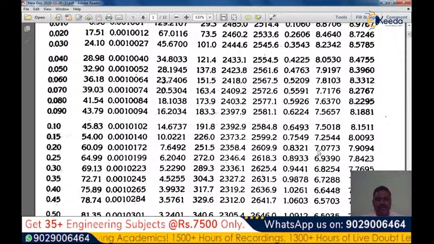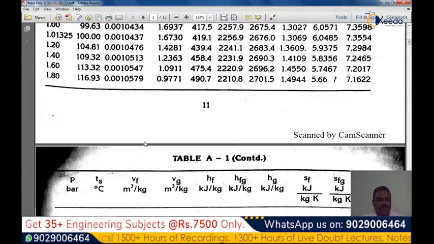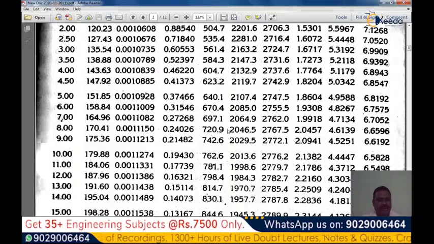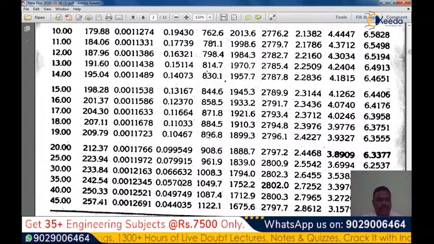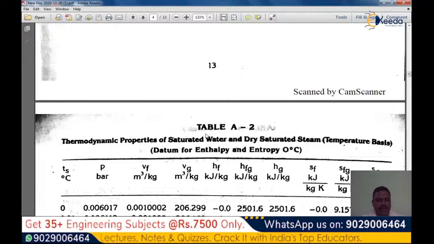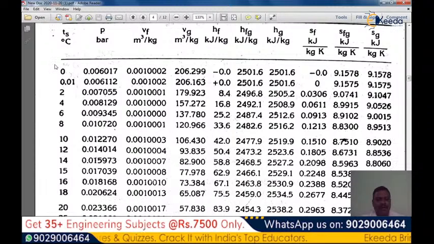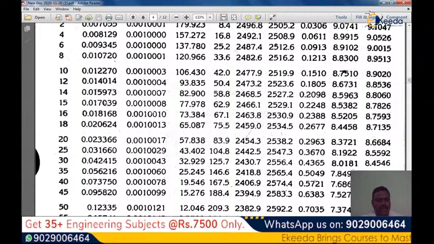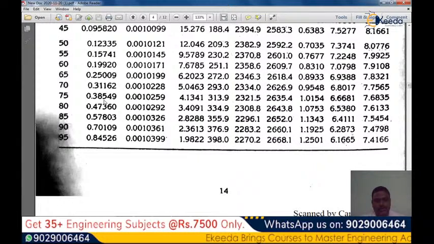In the first table, we have data at different pressures, and in the second table, we have data by saturation temperature. So the first column is saturation temperature and the second column is pressure. I will tell you how to take values from this table while solving the problem.